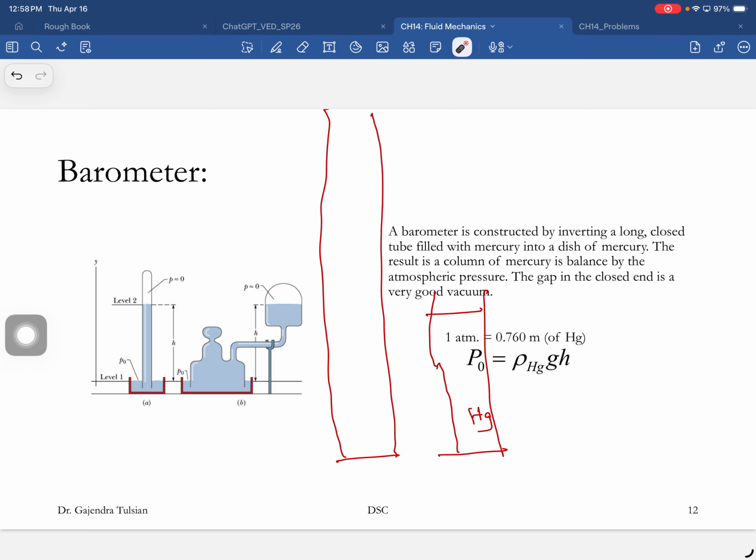So to make a barometer, this is a trough containing mercury. What you do is you take a tube, fill it with mercury, put your thumb on it, and then invert it into the trough. You have this column of mercury, and this is a perfect vacuum.